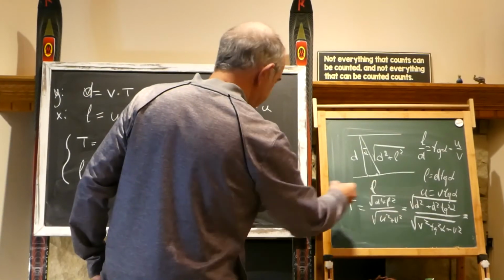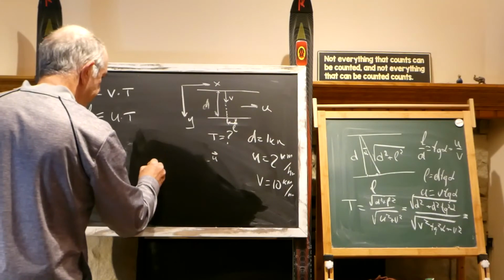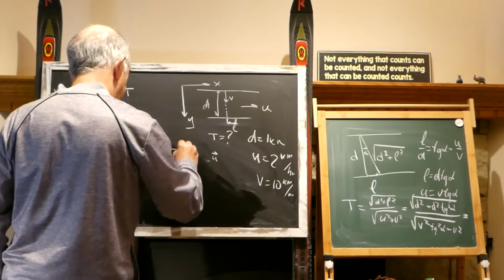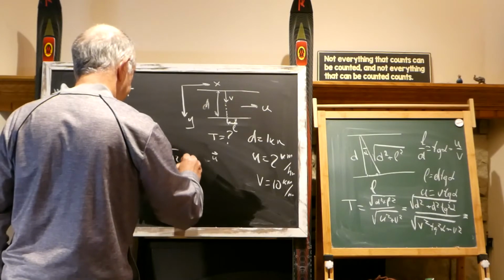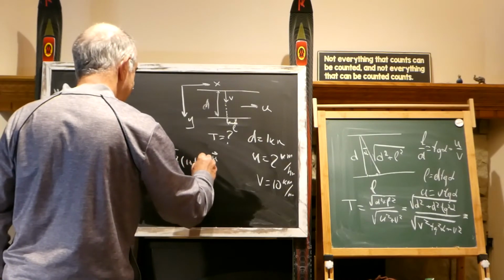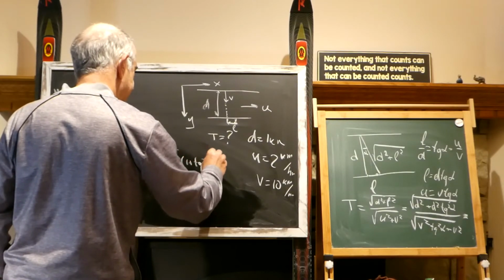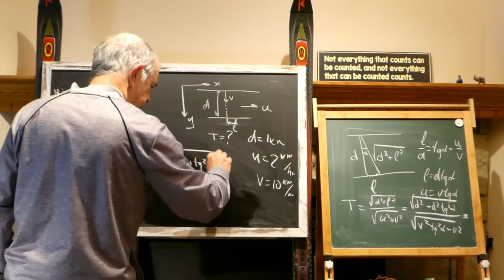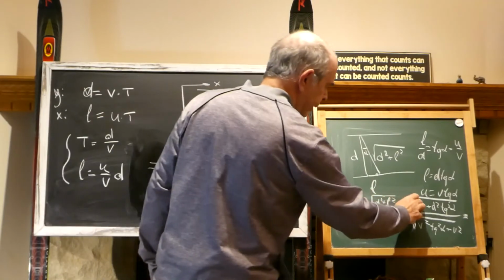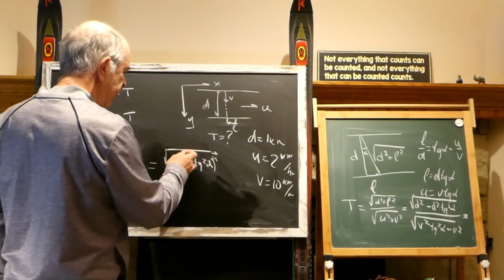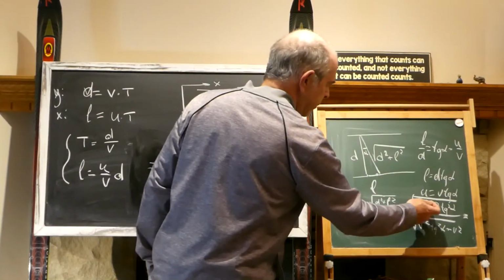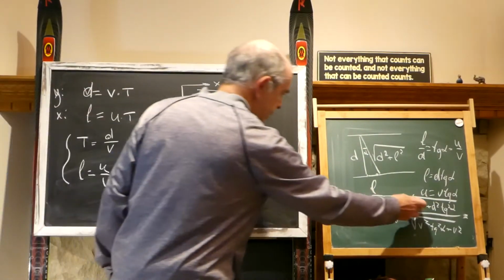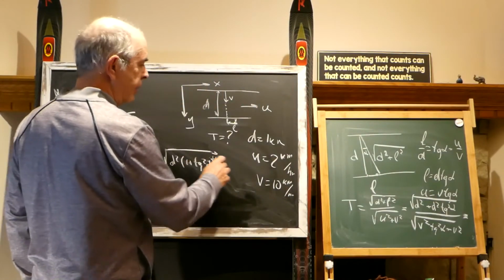I continue, I can factor out the square root of d squared, and it will be 1 plus tangent squared alpha. I take d squared out, and inside the bracket I have 1 and tangent squared. If I multiply this, I will receive d squared plus d squared tangent squared.